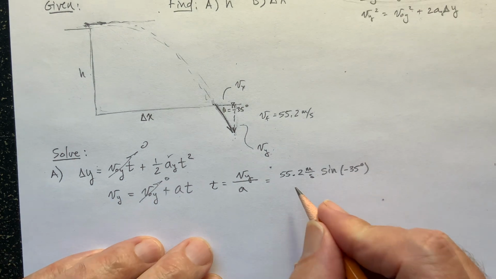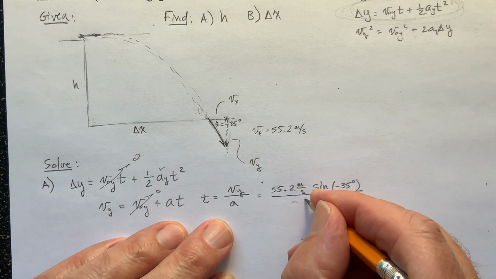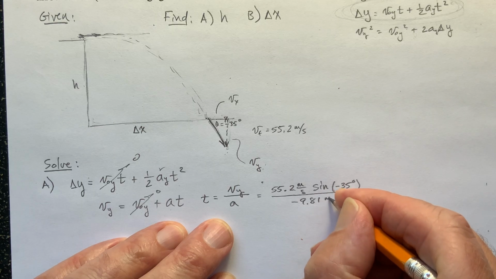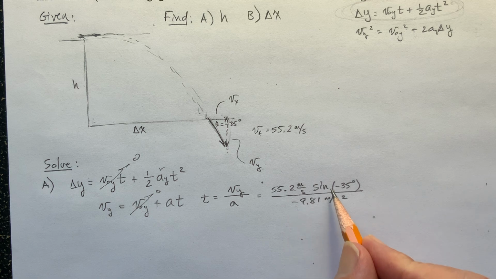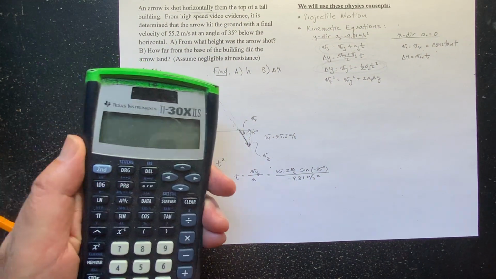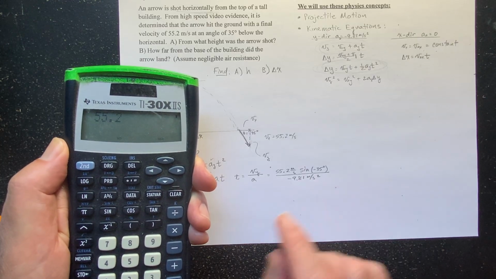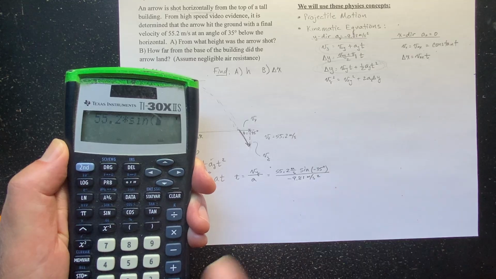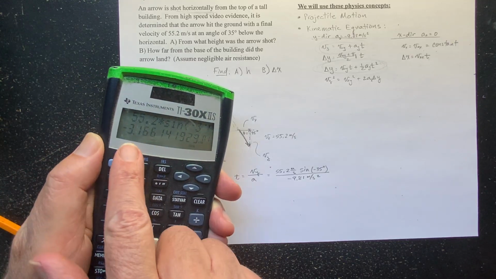Okay, now what's the acceleration? The acceleration is negative 9.81 meters per second squared. You might think, wait a minute, negative here. Well, this negative is going to get canceled out because the sine of negative 35 is going to be a negative value. As we'll see right now. Let's do it. Okay, so we have 55.2 times the sine of negative 35 degrees equals, see how it's negative?